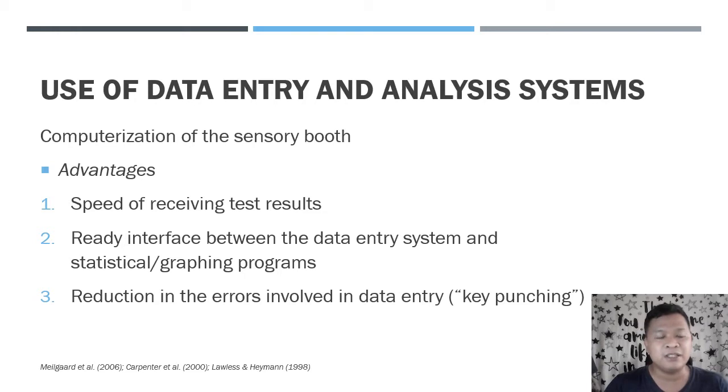So the traditional sensory evaluation method typically uses pen and paper, and then data is entered manually into the computer or even manually tallied onto more paper. So of course the advantages of digitizing your sensory evaluation test would be the speed of receiving test results, and of course there is an interface between the data entry system and statistical analysis programs. You can easily import or export your files from one format to the other. And then there is a reduction in errors involved in data entry.